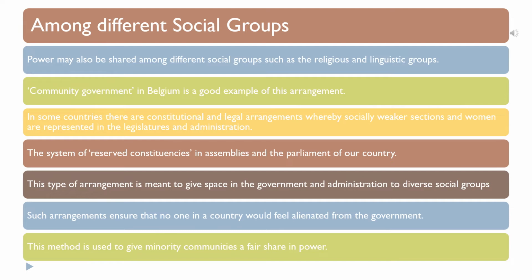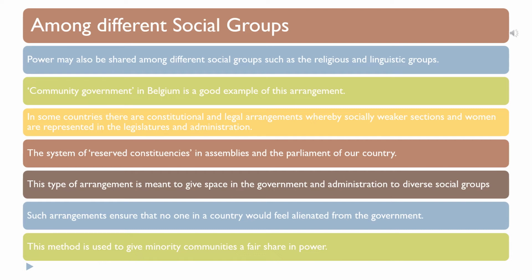In some countries, there are constitutional and legal arrangements whereby socially weaker sections and women are represented in the legislatures and administration. You have examples of reserved constituencies. There is a bill also pending in the parliament, that is the women reservation bill. You are aware of it.